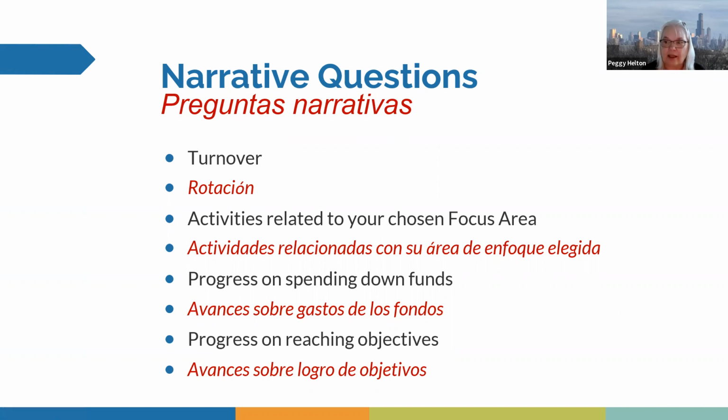So it'll just be like a summary of what you did that quarter. It'll ask you to talk about progress on spending down the funds. Like if you feel like you're having a challenge with spending all the funding, and your progress on reaching the objectives as well. So there's just going to be very few narrative questions on your quarterly report.